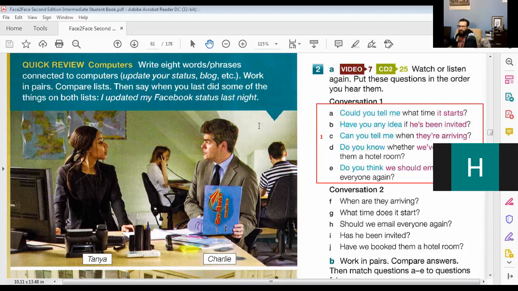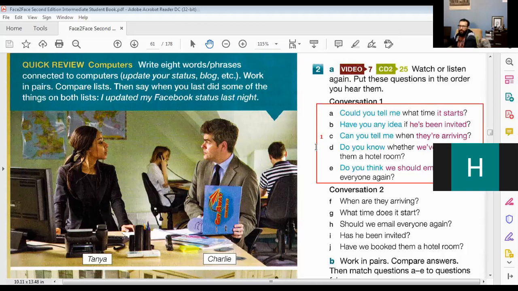Oh no. Do you know whether we have booked them a hotel room? Is this the first question or the second? The second. I think the first question is, do you know whether we've booked them a hotel room? Maybe. Okay. Then can you tell me when they're arriving?